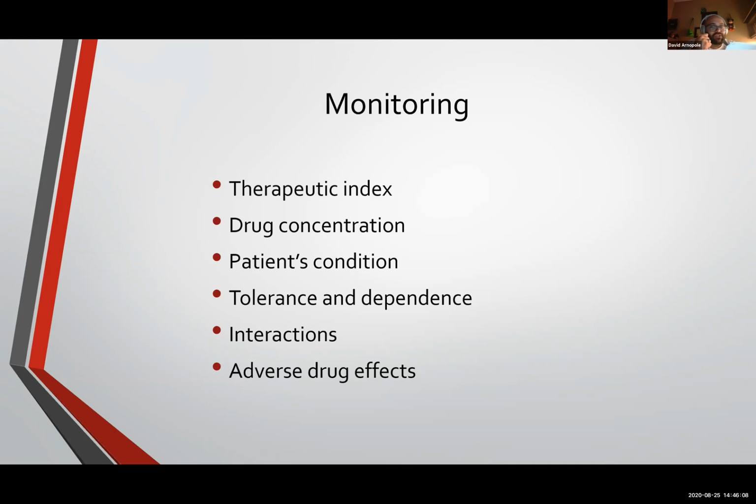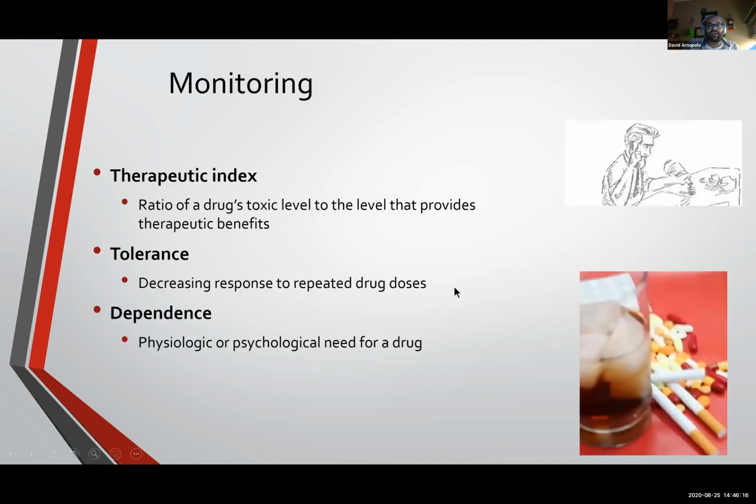Patient's condition, you need to watch to make sure the patient's actually changing or at least being stable with that medication. We're going to move on to the next slides. So we've got monitoring, therapeutic index, the ratio of a drug's toxic level versus therapeutic level. We want to make sure they have enough medication, but they don't have too much to become toxic.